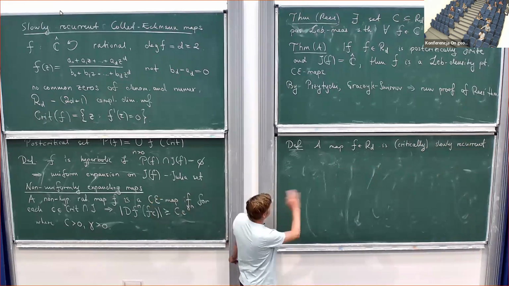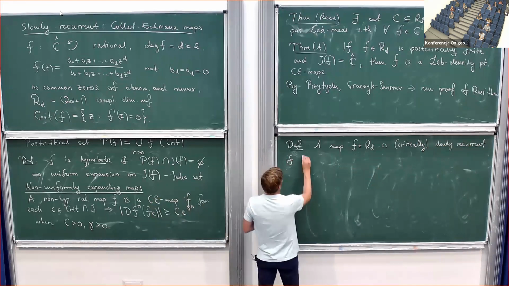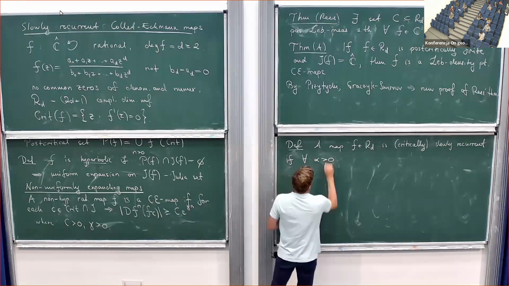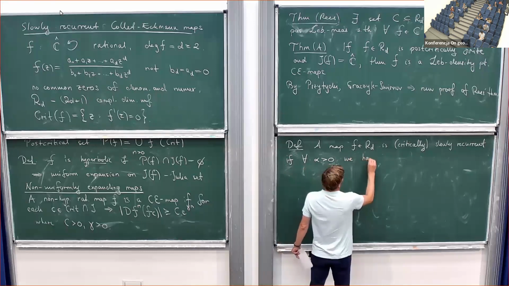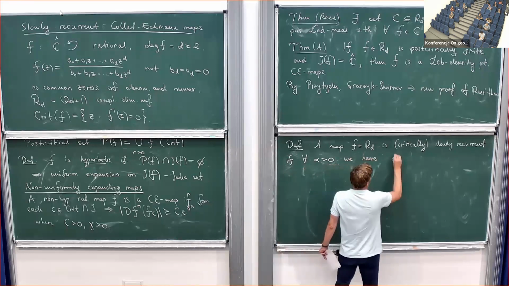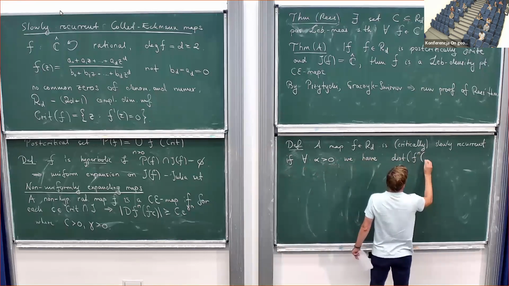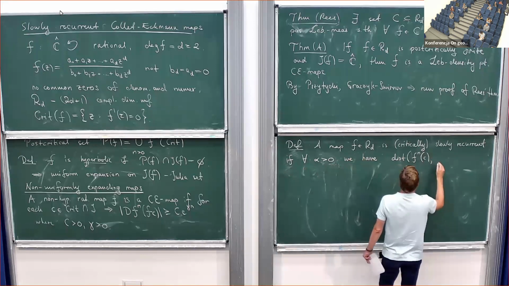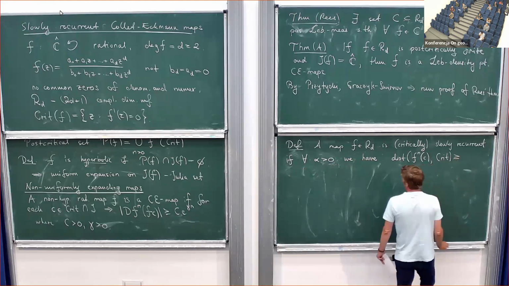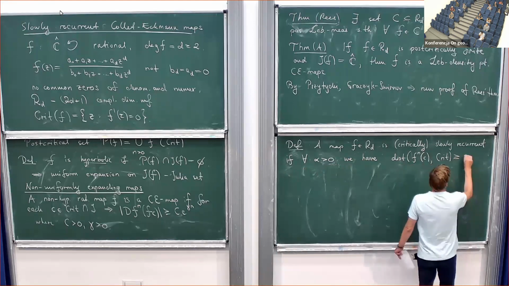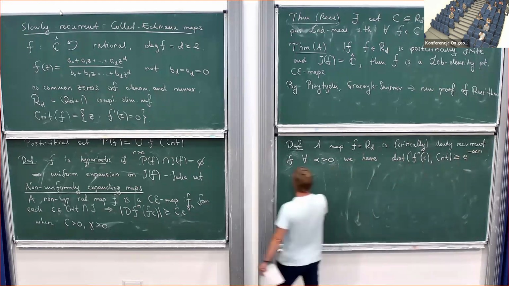So F is slowly recurrent if for every alpha greater than 0, the distance between the iterates of a critical point and the critical set is allowed to go to 0, but only at the rate e to the minus alpha n, for sufficiently large n.